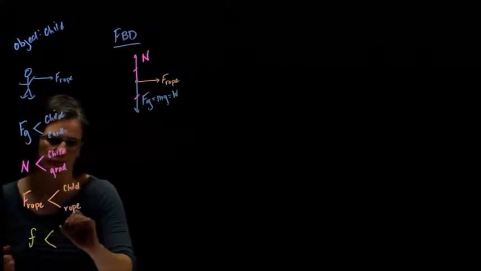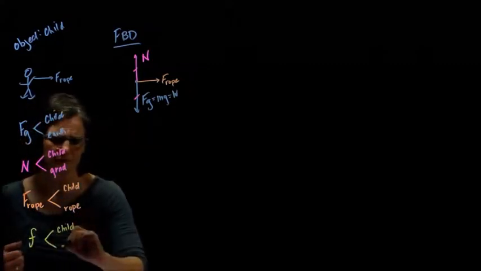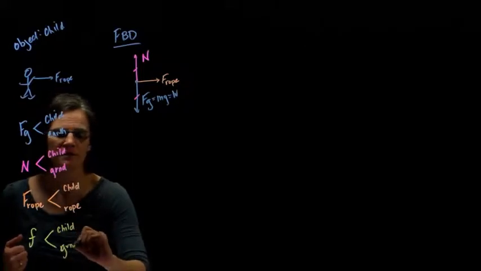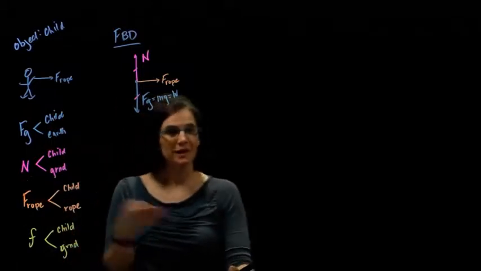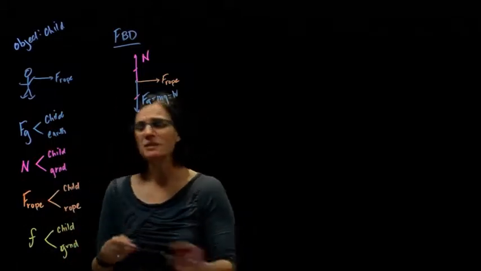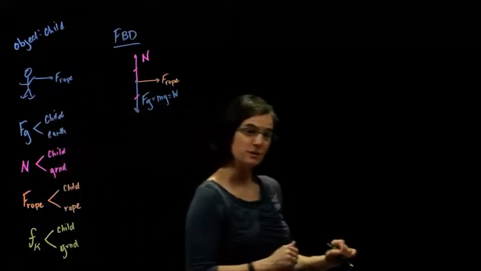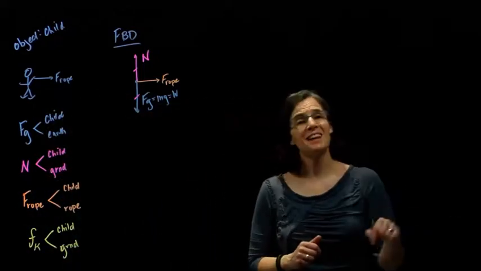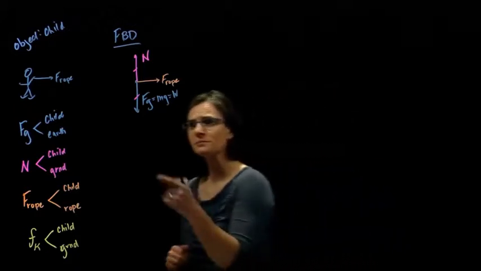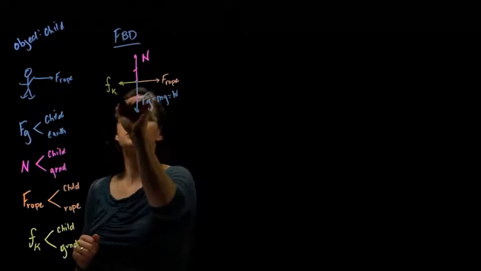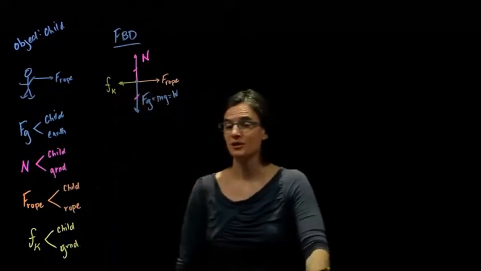Now, we always have to ask ourselves, is it kinetic friction or static friction? Well, he's accelerating, so he's moving, so he's sliding. That is kinetic friction. So the coefficient we're looking for in this problem is in fact the kinetic coefficient of friction. Friction opposes the motion, so we're going to put friction in the opposite direction that we know the skater is heading.